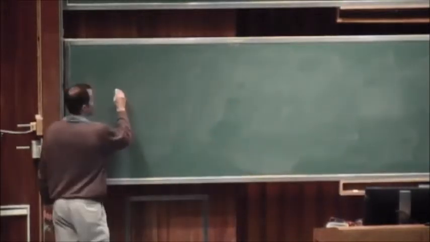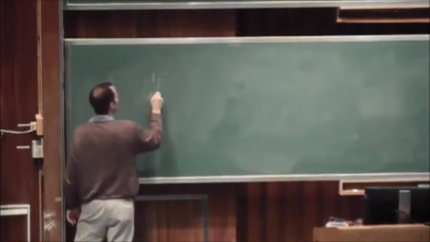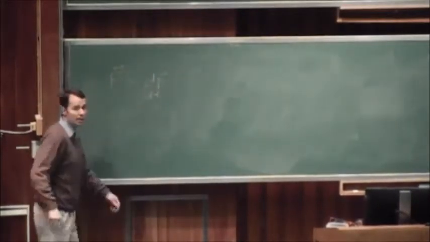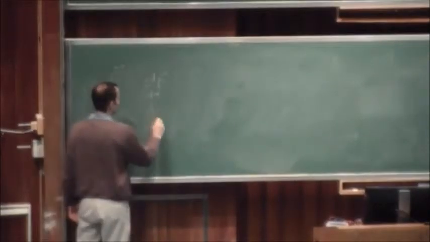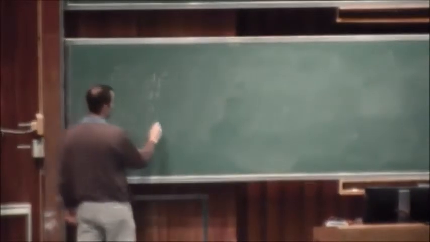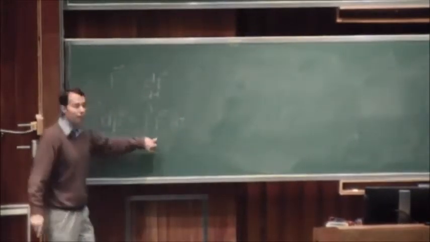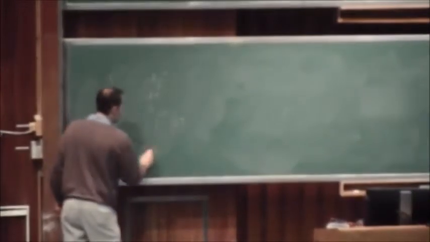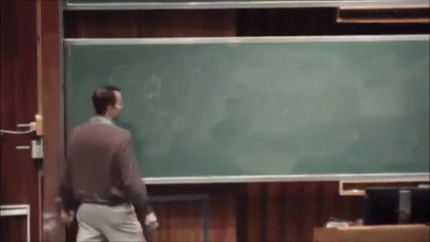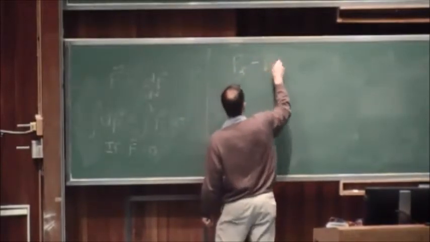So if I just look at F equals dP/dt, and I say dP therefore is equal to F dt, but if F is 0, then P final minus P initial, right?